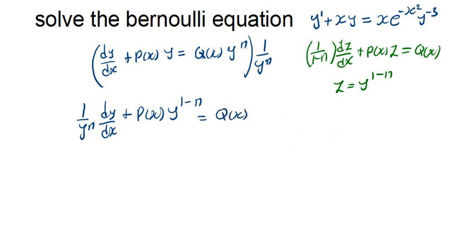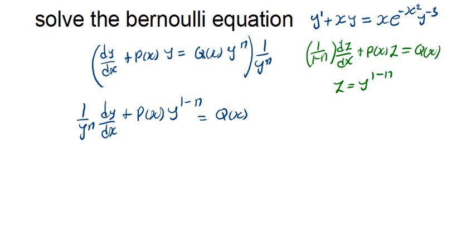Okay, so coming to this one, how that comes about is that you observe that I have a dz dx here, but I have dy dx. So where there's dy dx here, I want to substitute with what dy dx is in terms of dz dx. And how you come up with it is that you have to differentiate what you have here with respect to x.